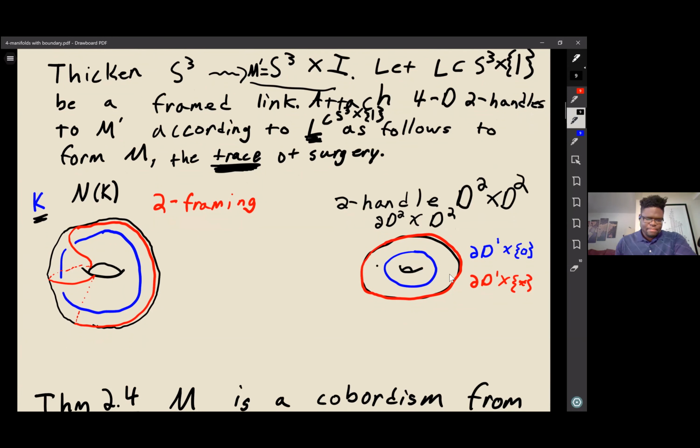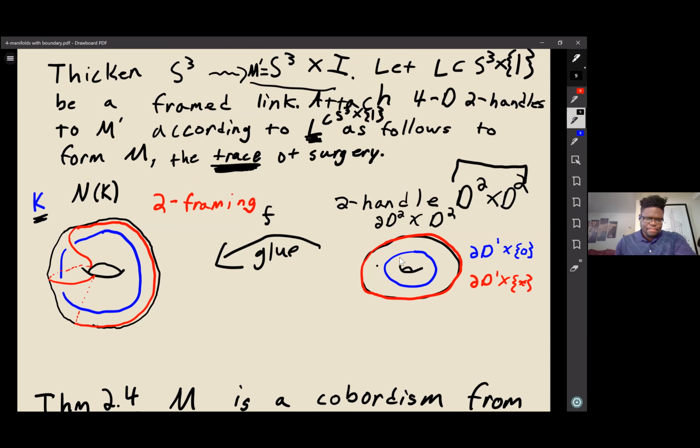And so the way that we're going to attach this four-dimensional 2 handle, remember it's D2 times D2, that we're gluing along the boundary of the first D2 times the second D2. So that just looks like a solid torus.